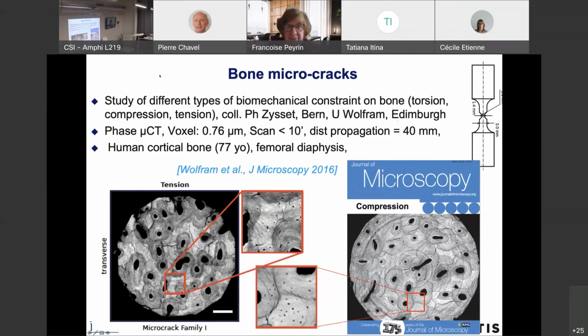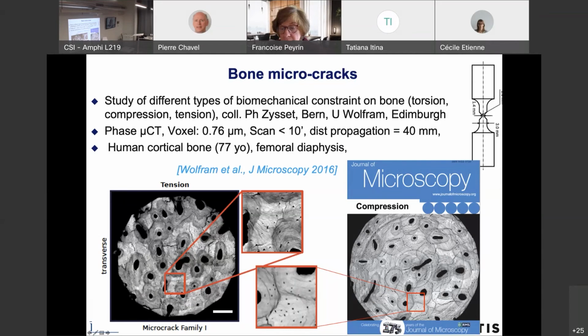In this case, we used phase micro-CT with a voxel size of 0.7607 micrometer to image cortical bone that had been submitted to different constraints. And according to the constraint, we could see different kinds of bone microcracks.